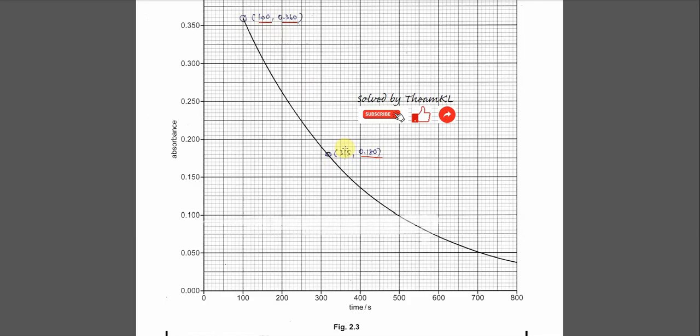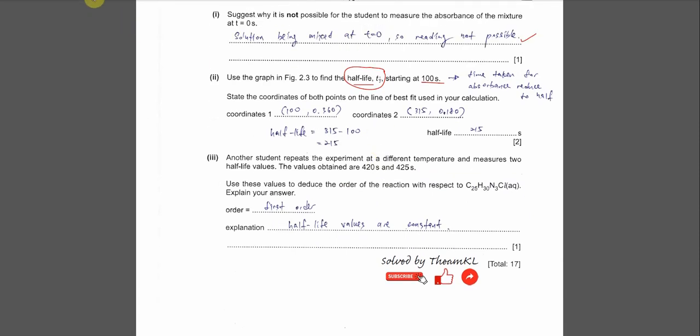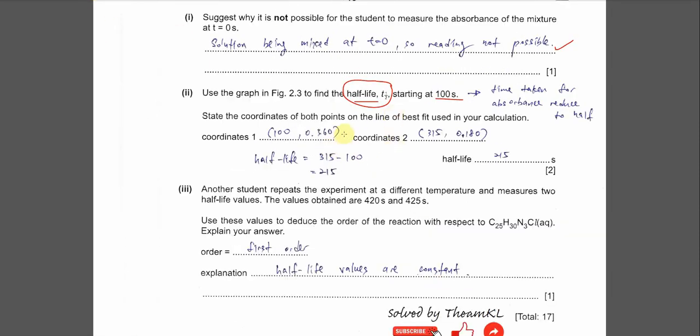From 100 seconds to 315 seconds, the half-life is 315 minus 100, so it's 215 seconds. This is the time for the absorbance to reduce by half, from 0.36 to 0.18. These are the two coordinates that you must choose. It should be the same for all: 215 seconds.